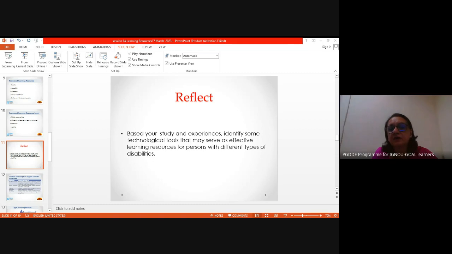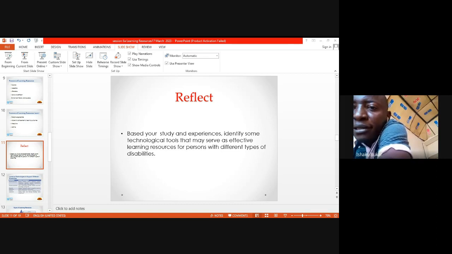Yes, Mr. Ishaku Pukar. Yes, ma. I also learned that people with visual impairment also read using technological tools. It is called braille. They put their fingers on it, sensing the alphabets.